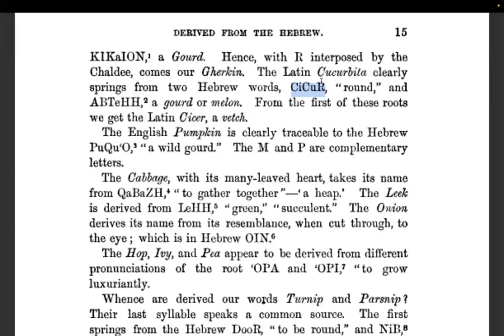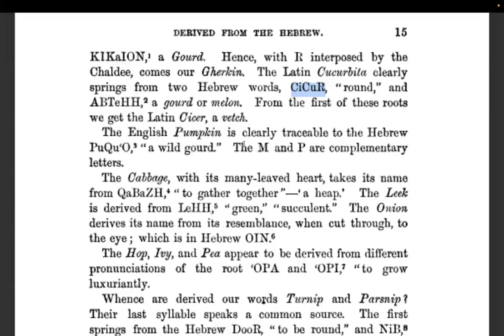Or there you get circus, but it's round, and abtah, right? A gourd or melon. And they have curcubita or cucurbita there. From the first of these roots, we get the Latin cicer or vetch.